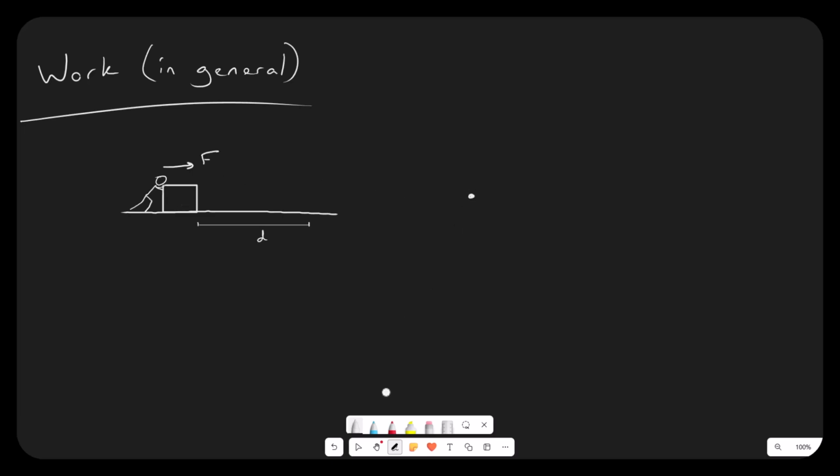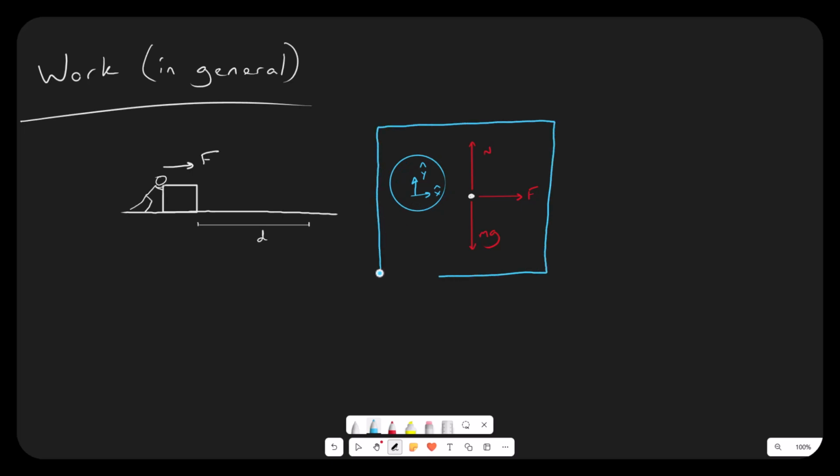If I have this box sitting here, I have a gravitational force, I have a normal force, and I have this applied force. I can set up my axis and draw a box around this thing and have my free body diagram.